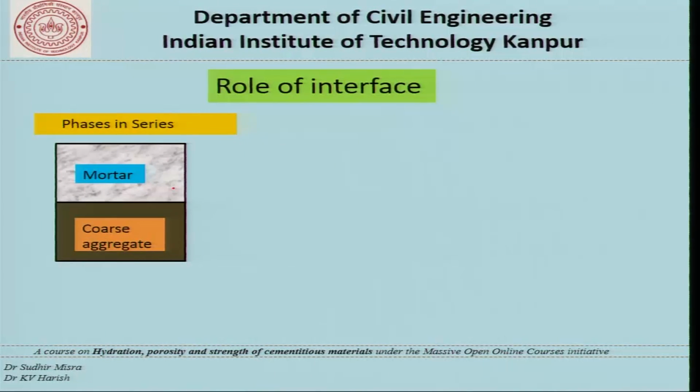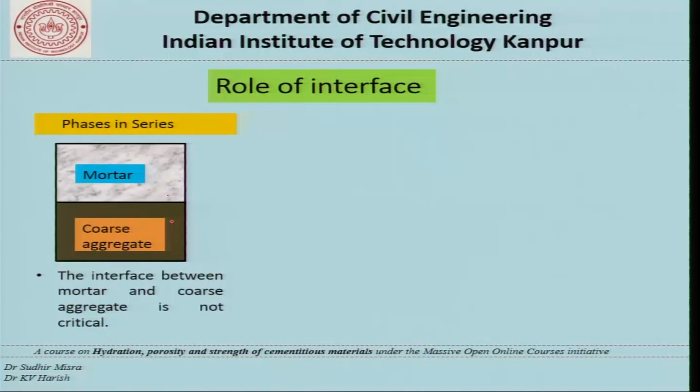At the end of it, the mortar and the coarse aggregate are not necessarily monolithic. The coarse aggregate particles are only suspended in mortar. And if we look at the role of this interface when the phases are in series, what is the importance of that interface? So long as we are talking of a series model, the role of that interface is not very critical, because the load being carried by this and this phase is all the same, and it's only the deformations which are different.